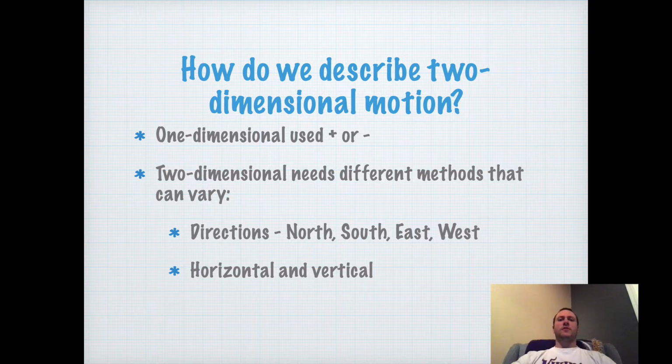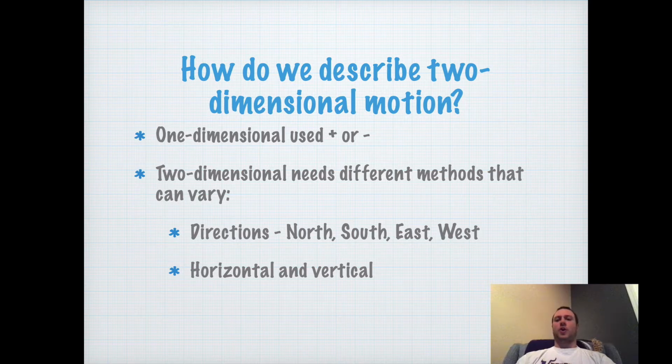So to start, the way that we can really describe this: in one-dimensional motion, we could strictly define plus and minus, and use that as a sole arbitrary way of doing things without actually needing to indicate direction any deeper. But now in two-dimensional motion, because we have two different dimensions, it's really difficult to just say we're moving in the positive direction and the negative direction at the same time.